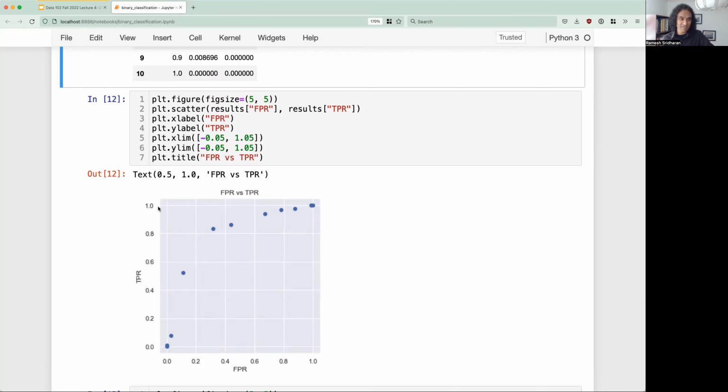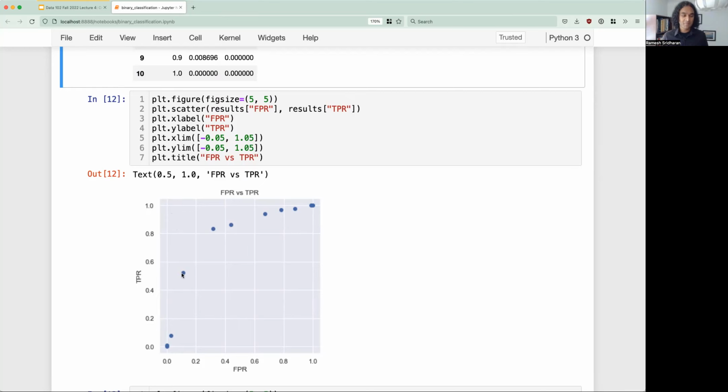The ideal situation is to be all the way up here where true positive rate is 1. We're perfect in the reality equals 1 case. And false positive rate is 0. We're also perfect in the reality equals 0 case. So this is the best case scenario, being all the way here. And generally, we want these points to be as much as possible up and to the left. We want them to be close to here.